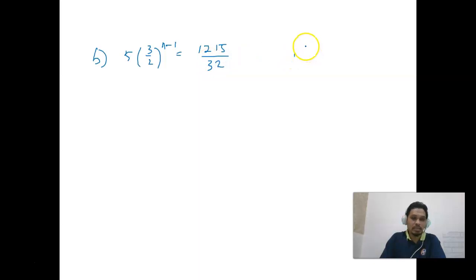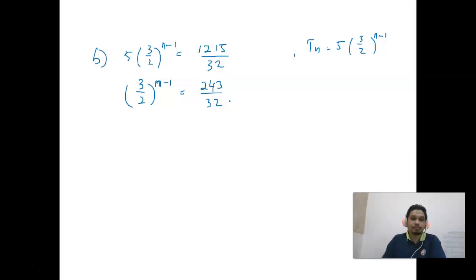Earlier given that Tn equals 5 times (3/2) to the power of n minus 1. Okay, so now let's divide by 5 left and right. So it becomes (3/2) to the power of n minus 1 equal to 1215 divided by 5. It gives you 243 divided by 32.